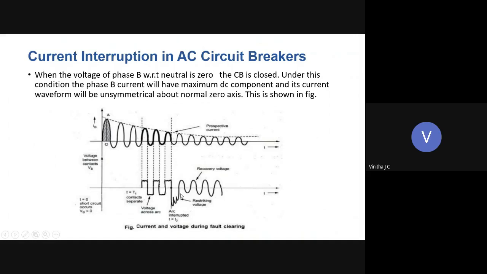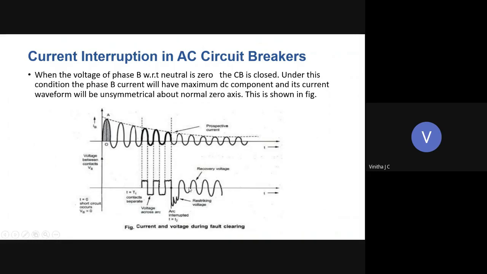After some moment, while opening the circuit breaker contacts, the dielectric strength becomes more than the value of the restriking voltage. Now the circuit breaker contacts are fully opened, and the voltage developed across the circuit breaker contacts is called the recovery voltage. What is the meaning of recovery voltage?